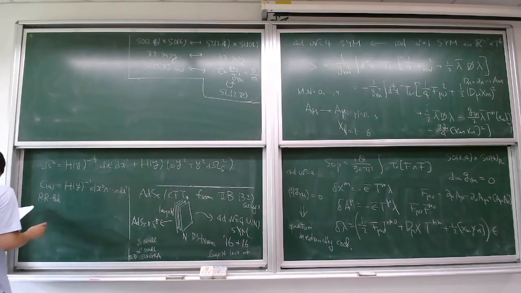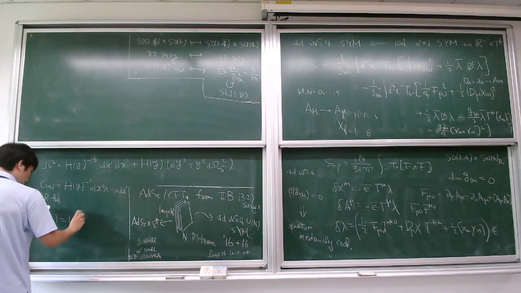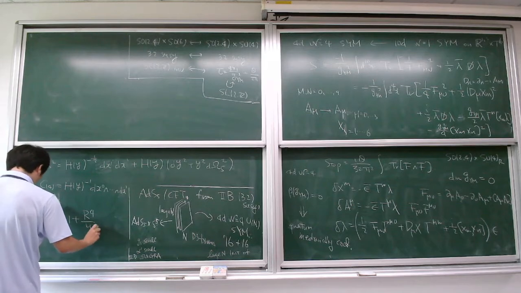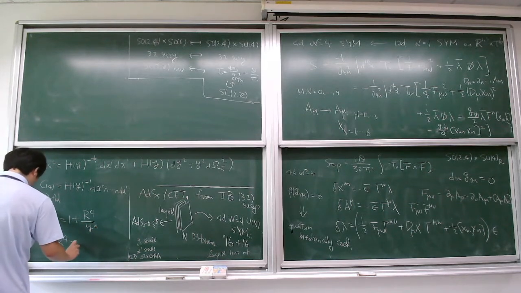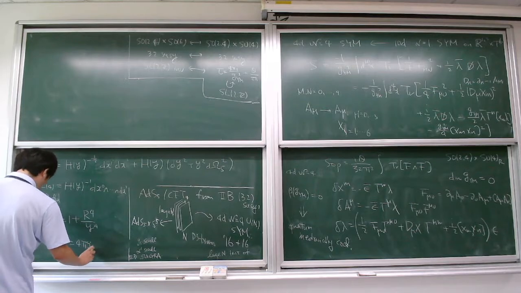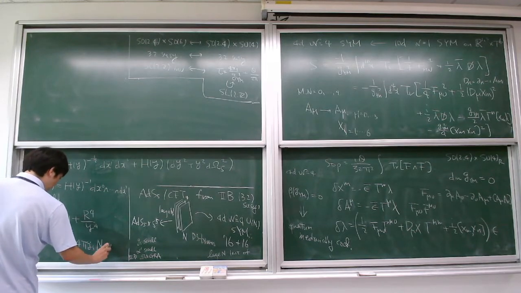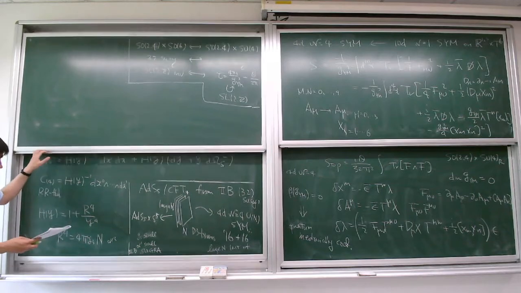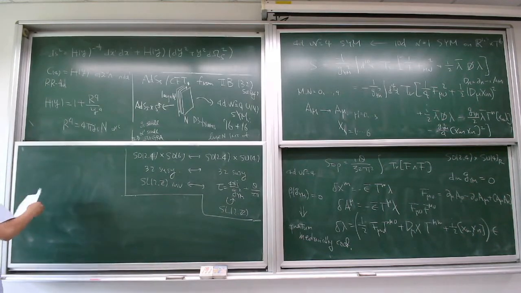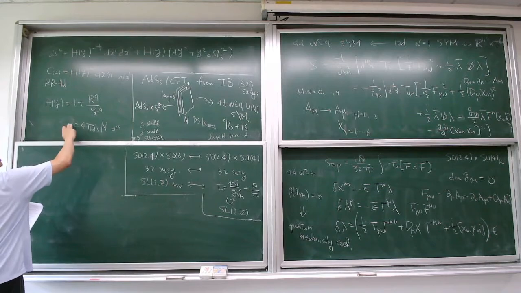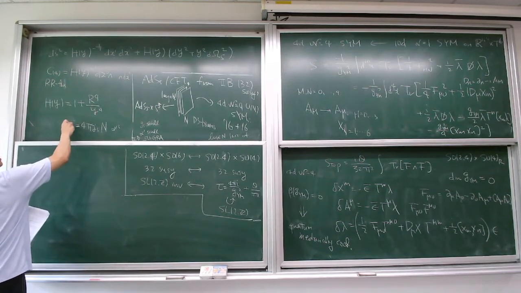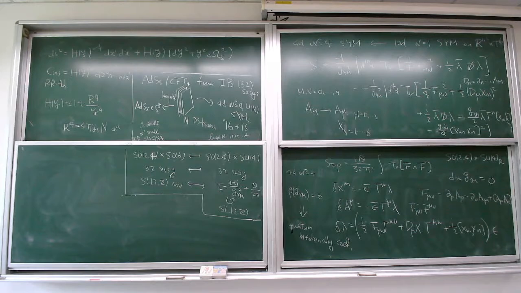So this H is often called the harmonic function, and H of y takes the following form. And R^4 is 4 pi g_s N alpha prime squared. So this R is kind of the radius of the geometry, which is proportional to the string coupling constant, the number of D3 branes, and alpha prime squared.